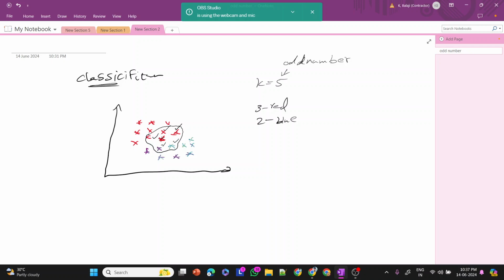Okay, but how is this distance calculated? And we have another question, why do we define k as an odd number?